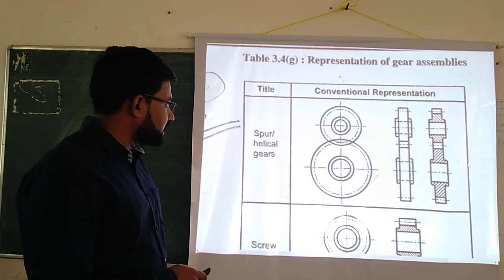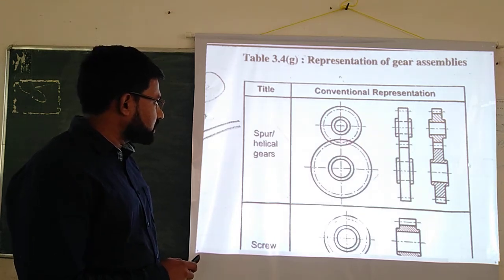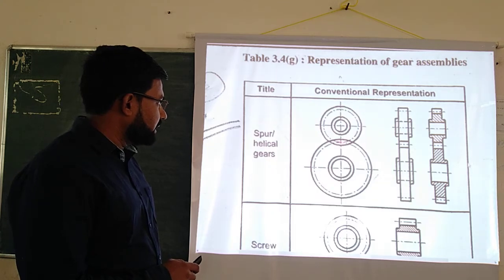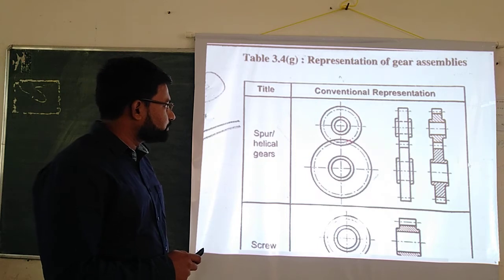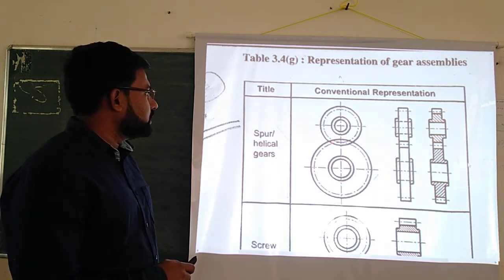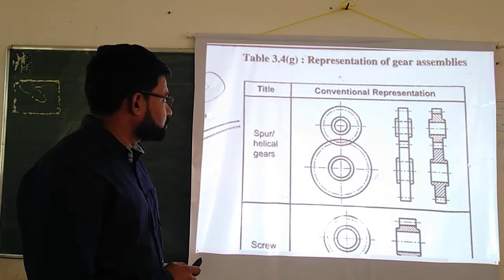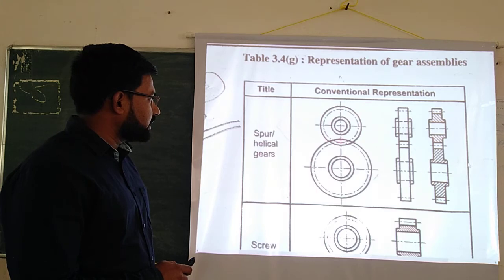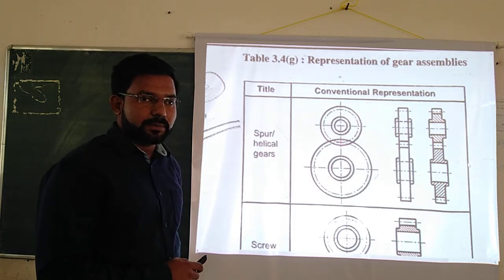Again, if you observe this gear, here also the pitch circle will be shown. These two pitch circles are meeting at one point. If you have to transfer the power from one shaft to another shaft, then these two pitch circles should match. If these two pitch circles do not match, then the power will not be transferred from one shaft to another.